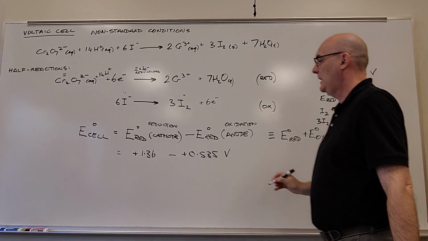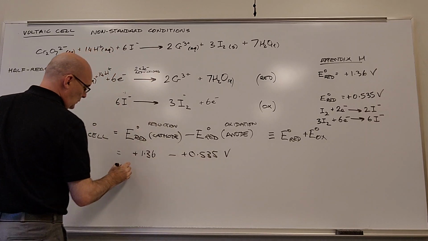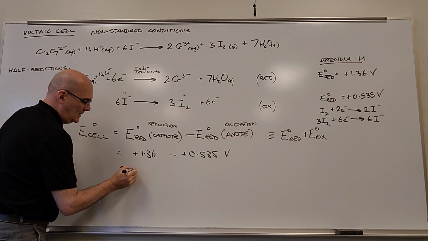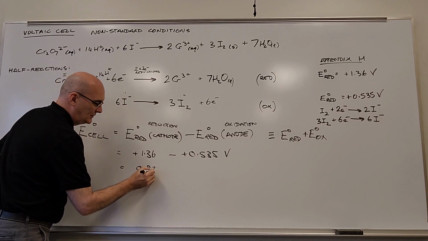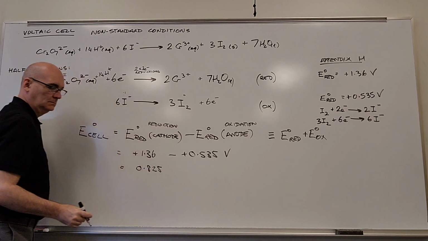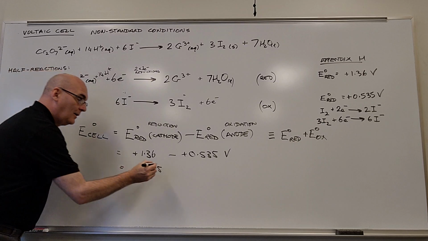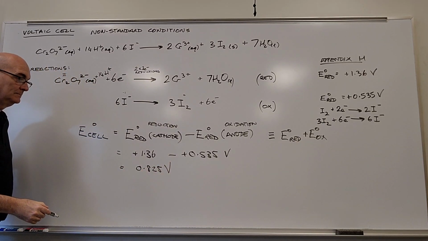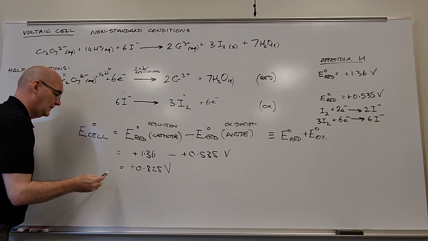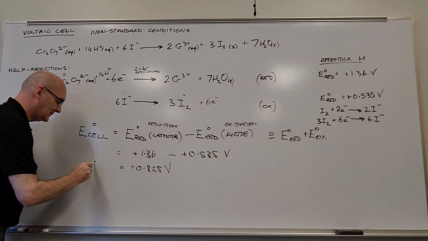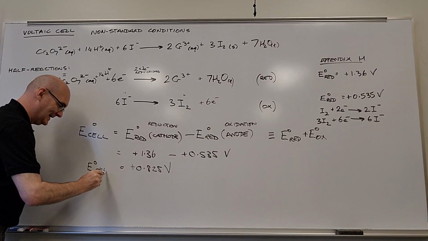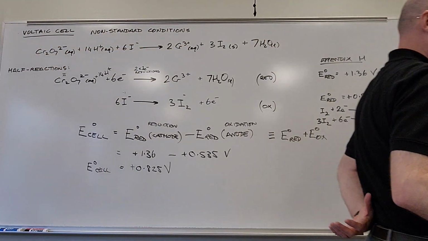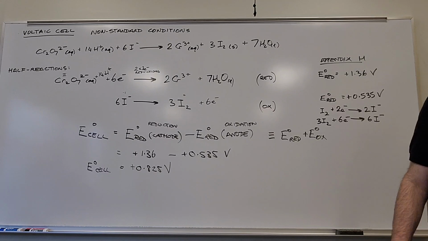Okay, and then that gives you a number that is what? 0.825 volts. We're almost there. Do you need to know whether that's a plus or a minus? And only writing the minuses in is a bad habit. You should also write the pluses in. Okay.